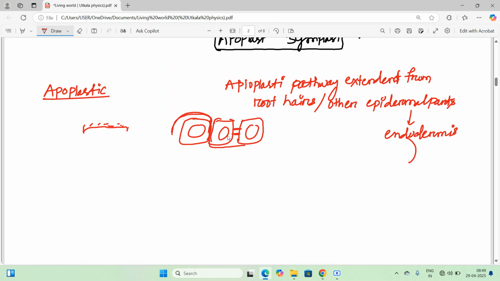Then after the endodermis, one barrier will come, that is suberin. Then the symplastic pathway will follow. Suberin acts as a barrier to water and solute movement in the endodermis layer. The endodermis is the innermost layer of cells in the root cortex, we have seen this.